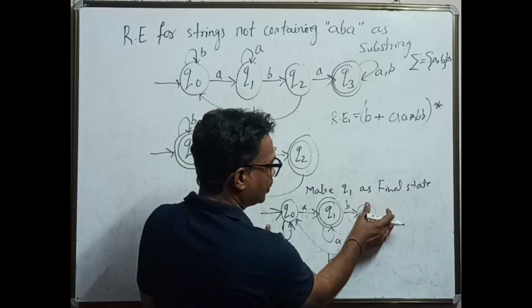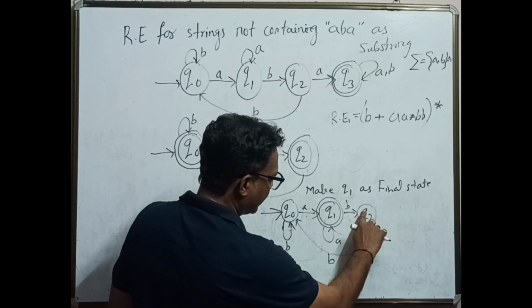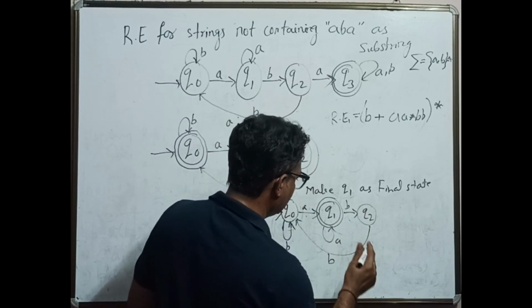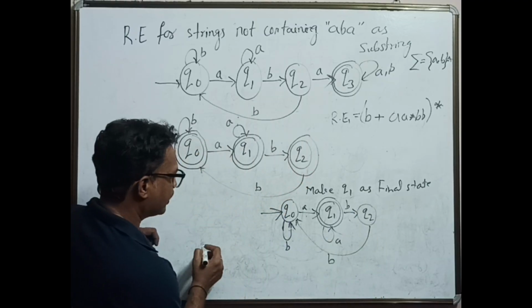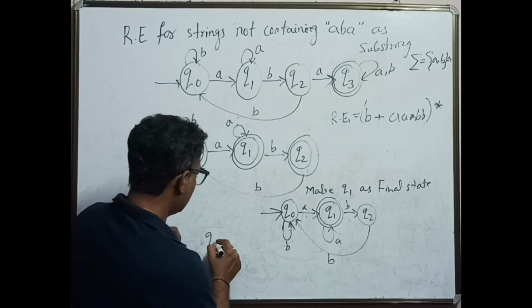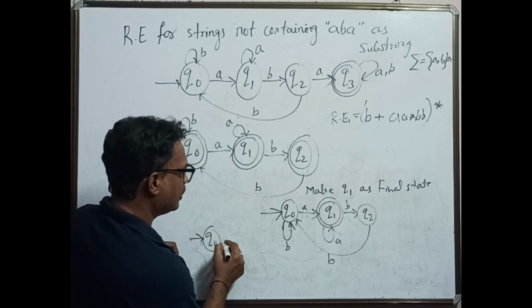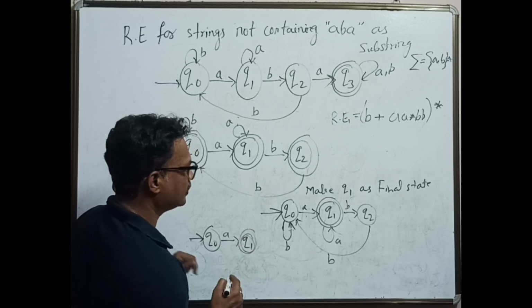Now let us eliminate Q2. If we eliminate Q2, we can combine these two. So that results in, I will write it here only. I have space here, I'll write Q0, upon A goes to Q1.